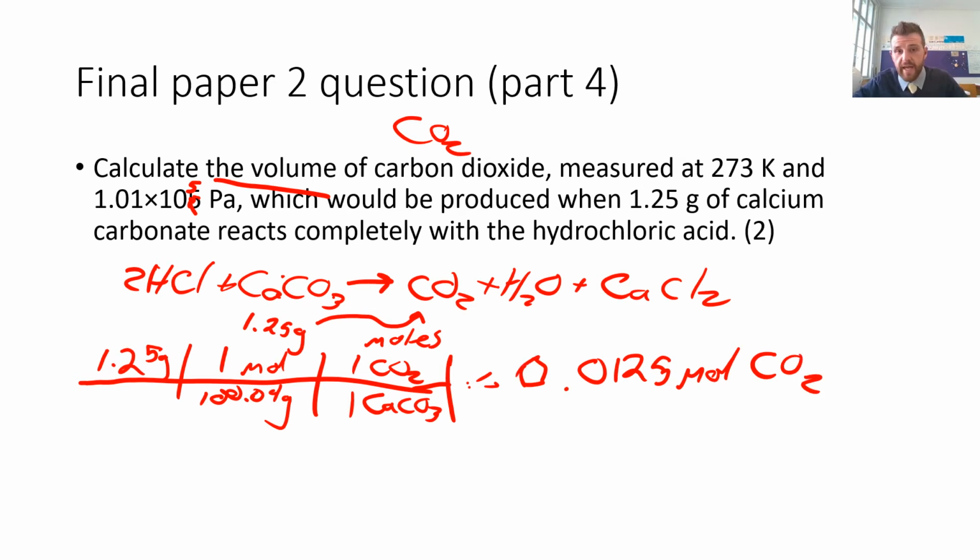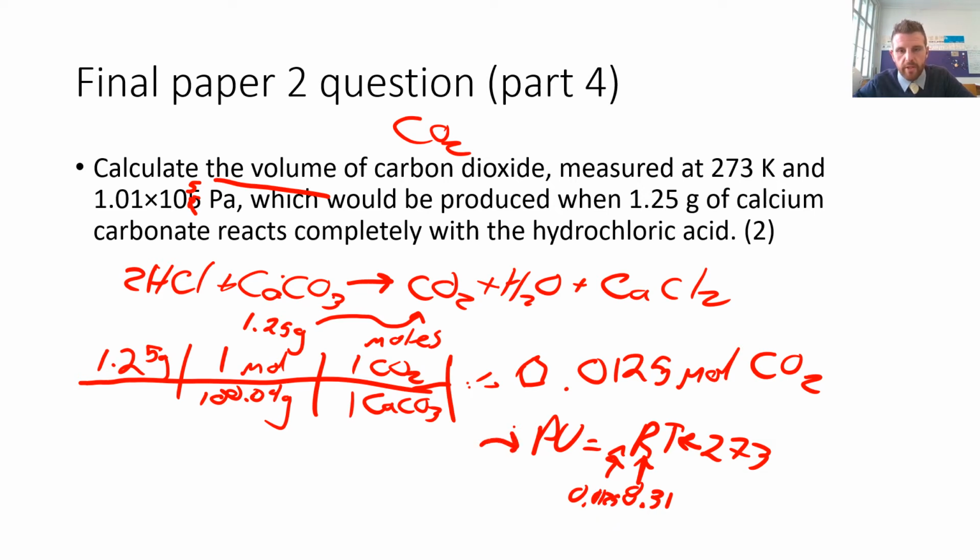So now, since this is a gas and they are going to want the volume, I need to go to my PV equals nRT. R is 8.31. T is going to be 273. N is going to be 0.0125.